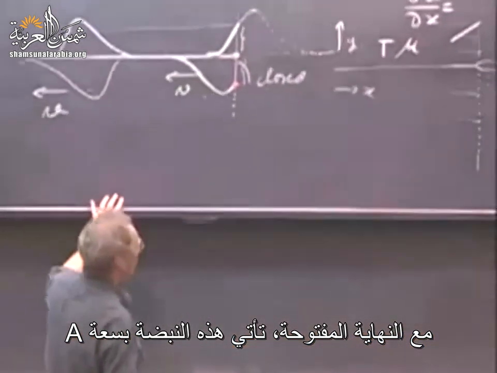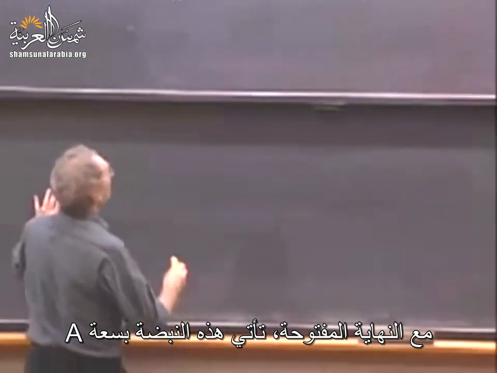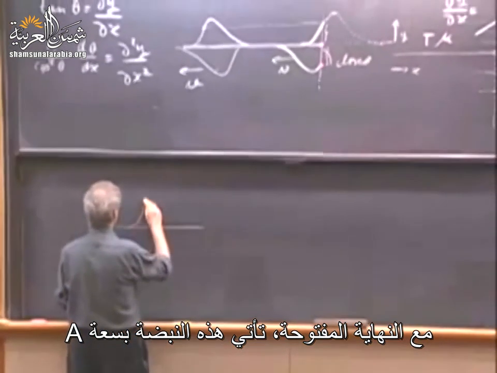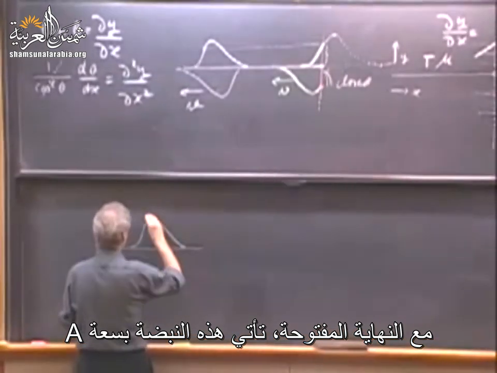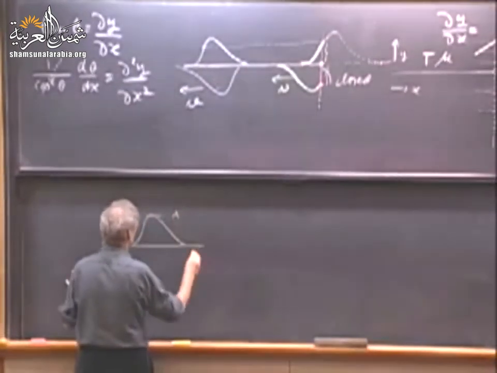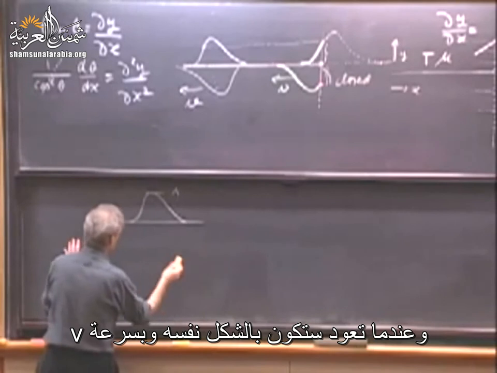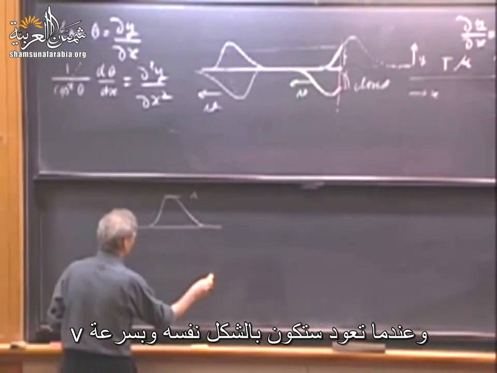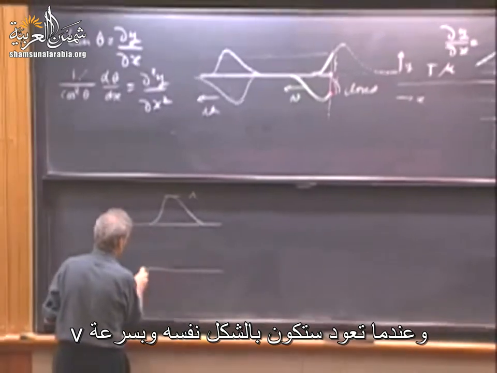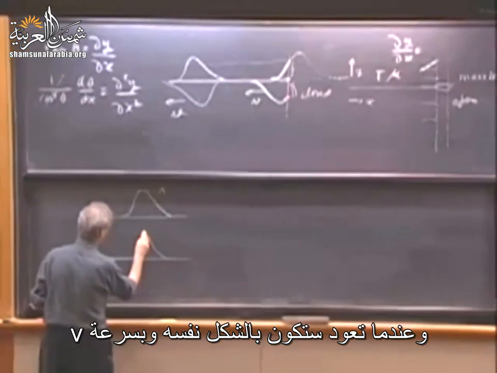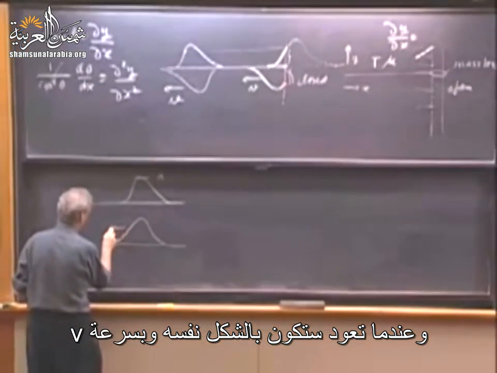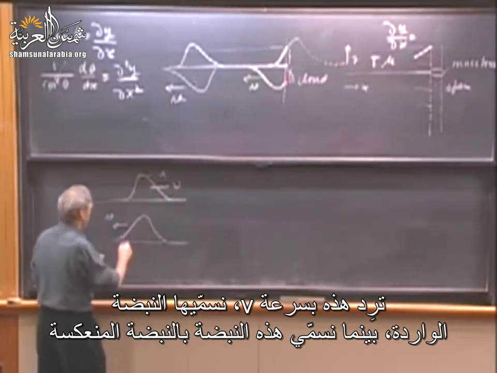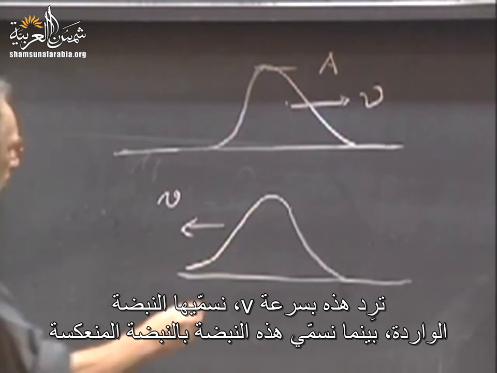And when you have an open end, and this is the pulse that comes in, say it has amplitude A, then what comes back at some point in time is again a mountain going in this direction with speed v. This comes in with speed v. We call that the incident pulse, and this we call the reflected pulse.